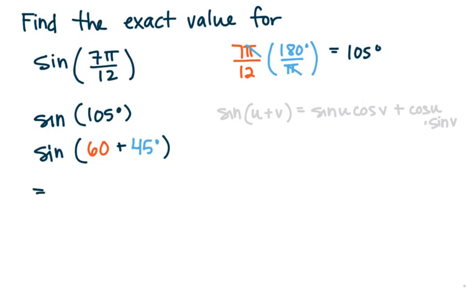So this is the same as sine of 60 times cosine of 45 plus cosine of 60 times sine of 45.